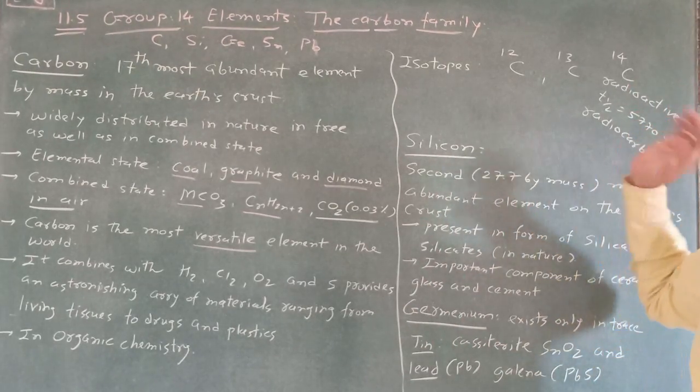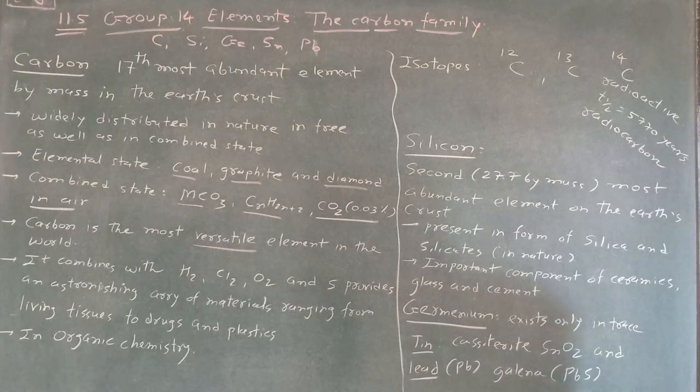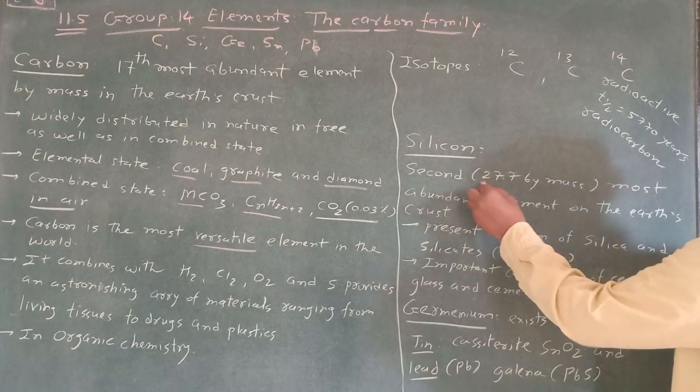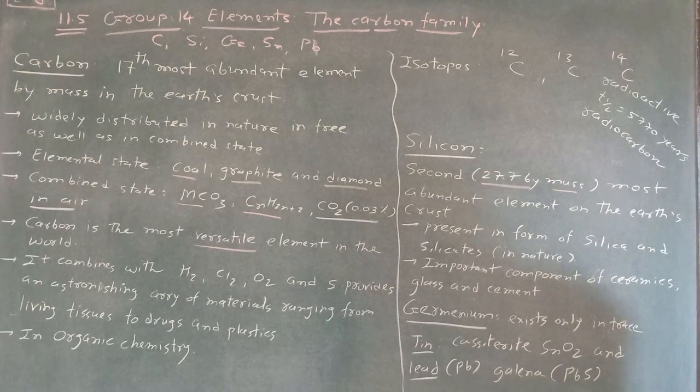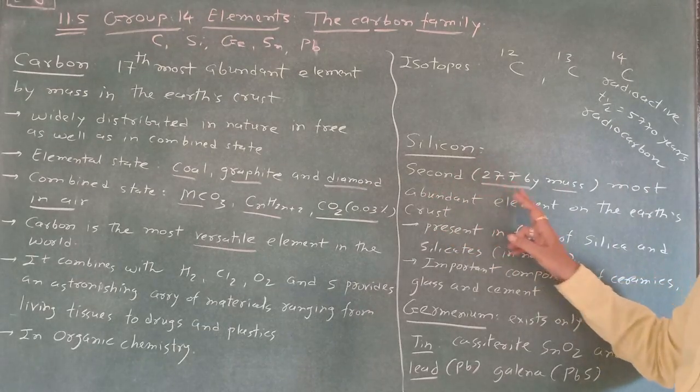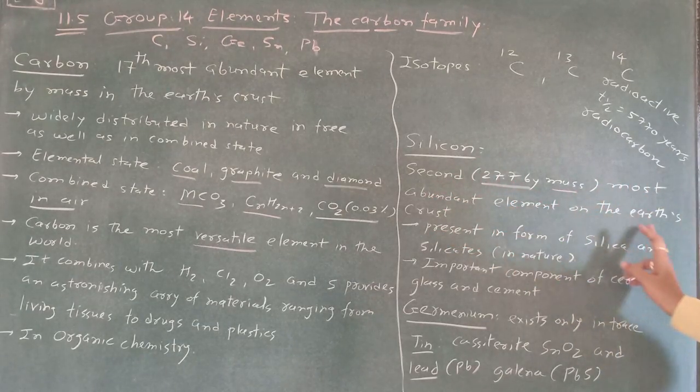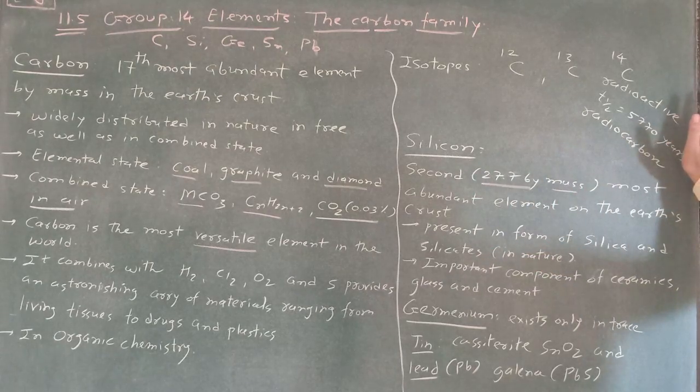Now the next one is silicon. Silicon is the second most abundant element on the Earth's crust, 27.7% by mass. I am not speaking of metals; the most abundant metal is aluminium. But the second most abundant element on the Earth's crust is silicon. Remember this.